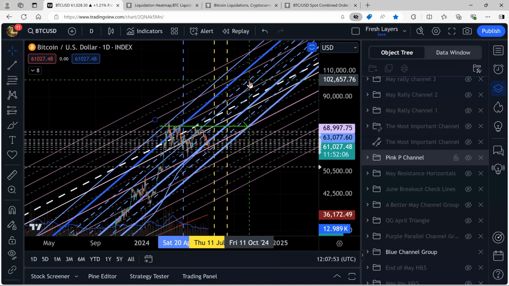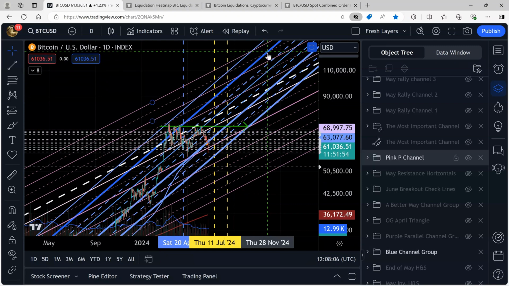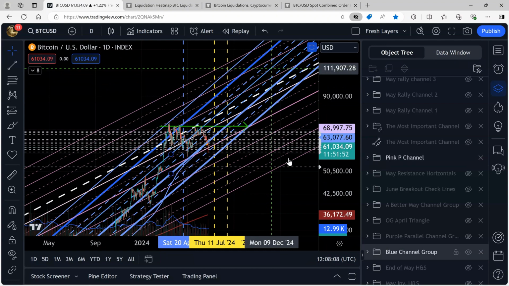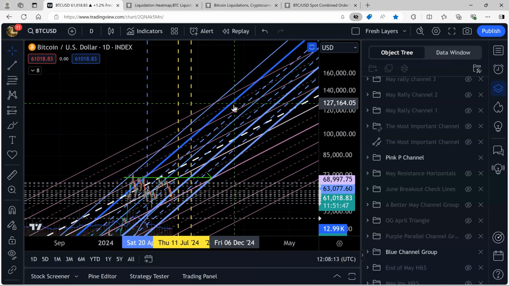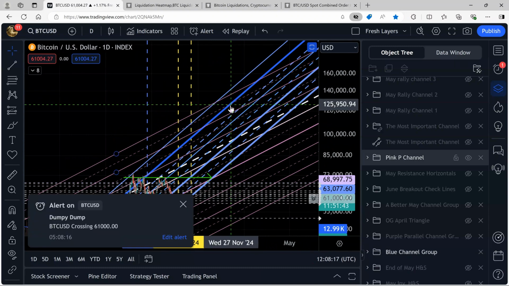The pink channel group could get us to 100,000 by October, whereas the blue one, what is that? Alert. See, we're going back down to 61, which I expected.